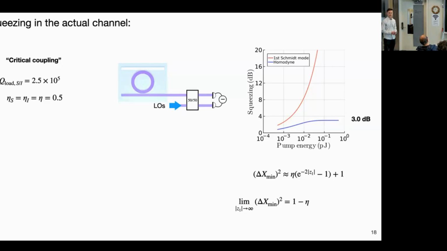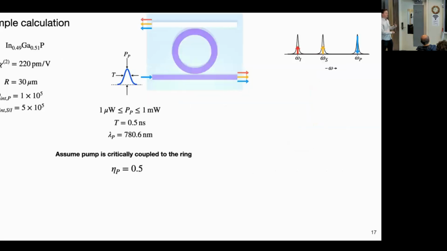Sorry, maybe I misunderstand. I saw this 0.5 coupling is the coupling coefficient between the ring and the bus. Yes, but it's the ratio of the extrinsic decay rate to the total decay rate, and the total decay rate involves coupling to the phantom waveguide.